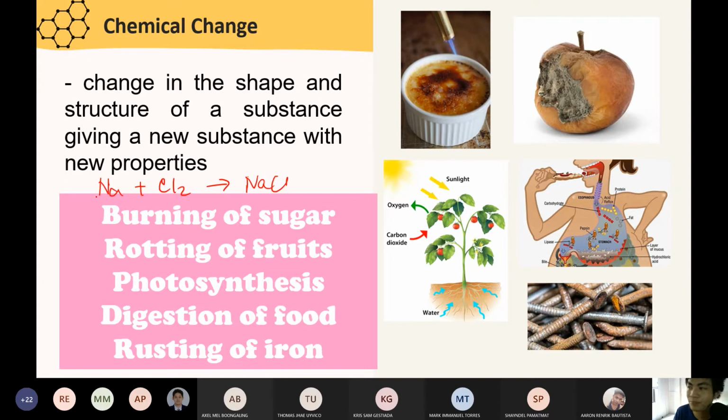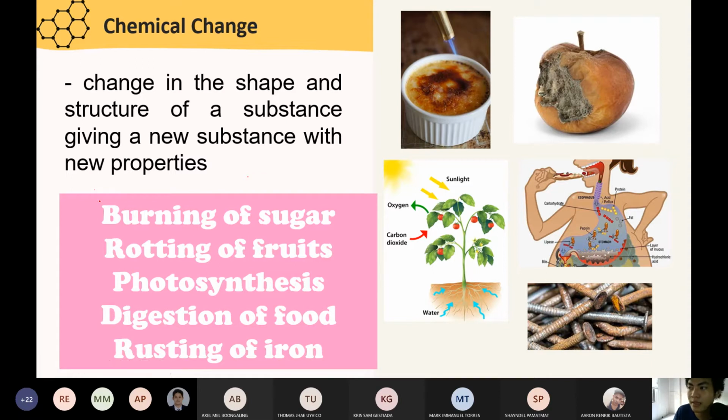So these two are harmful, ito, toxic. Pero ito, okay lang, normal. So that's due to the chemical changes. Nagbago kasi yung composition ng iyong substance. So whenever your chemical composition changes, the physical appearance also changes.